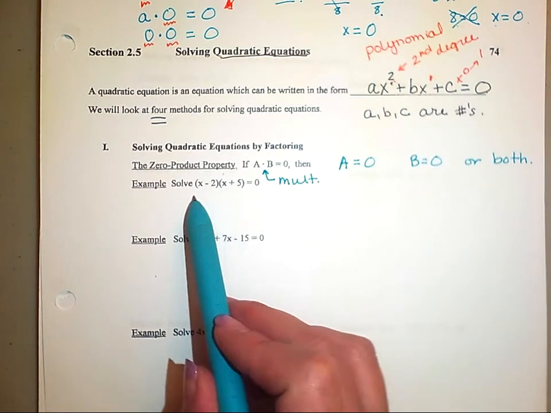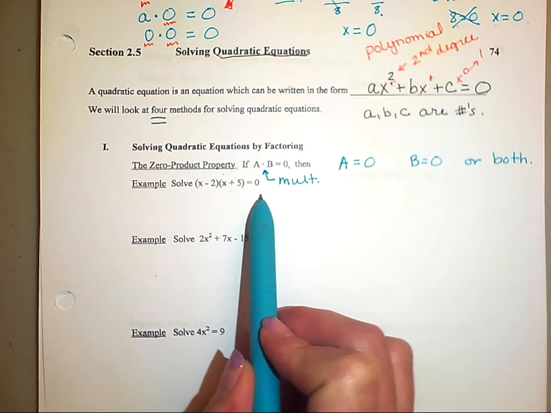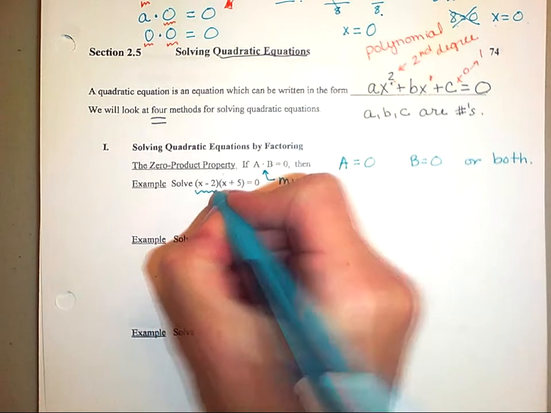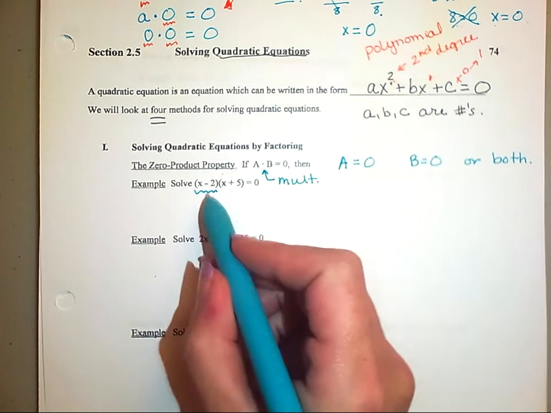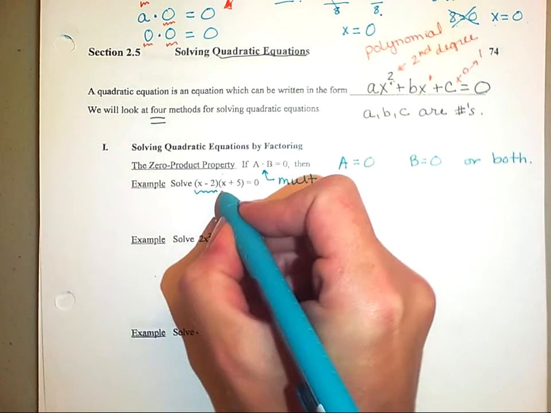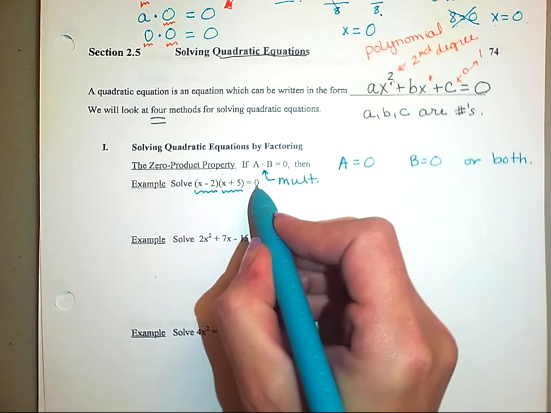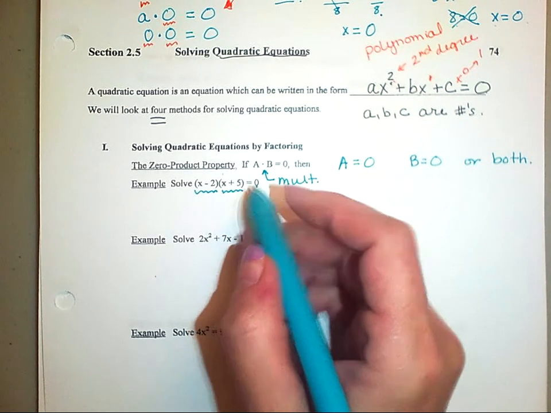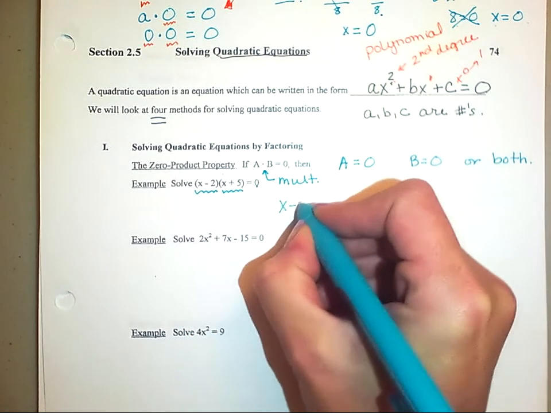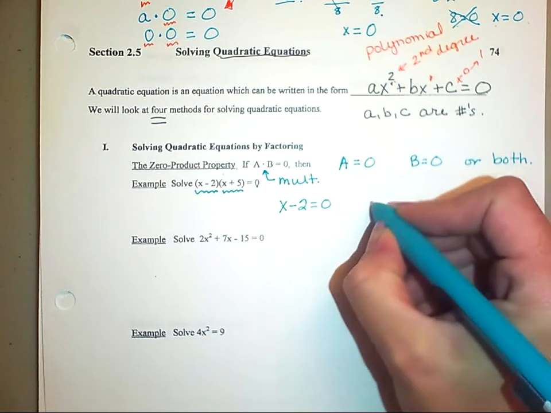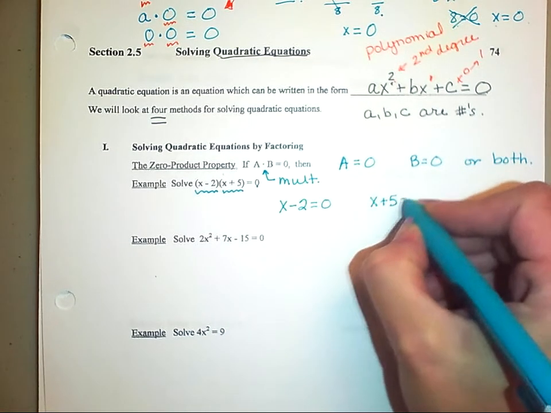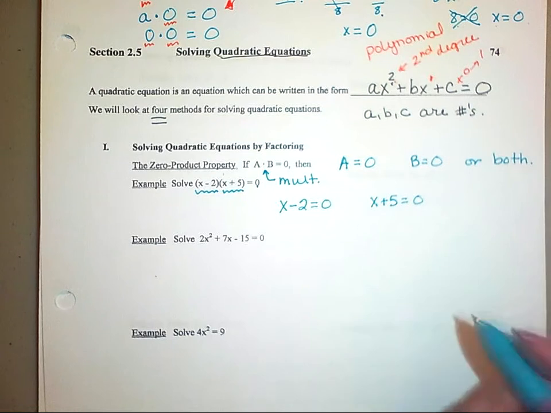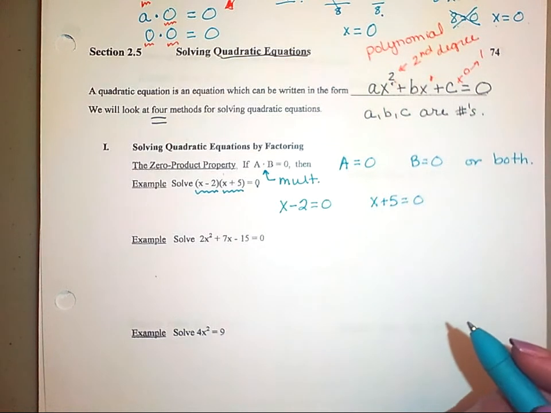So here we have two things multiplied together that equals 0. The first is x minus 2. So if x minus 2 times the second thing, which is x plus 5, equals 0, we have two options then. It's either that the first, x minus 2, equals 0, or the second, x plus 5, equals 0. Or they both could be equal to 0.